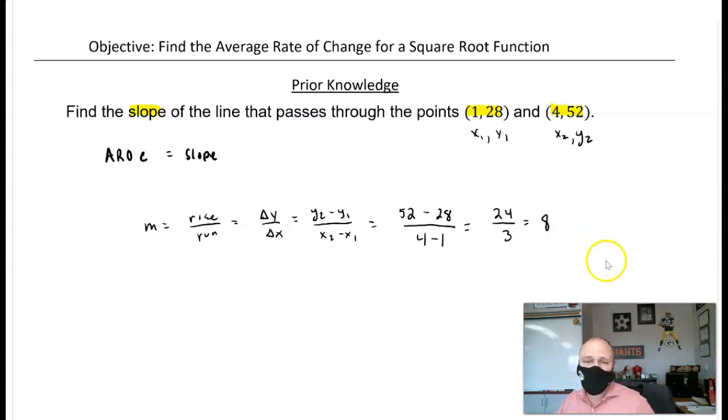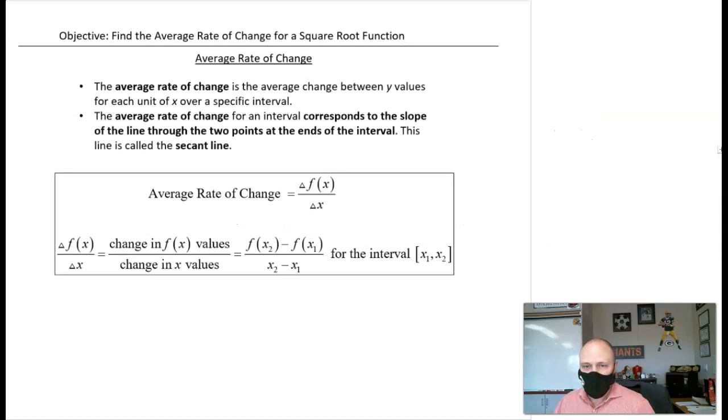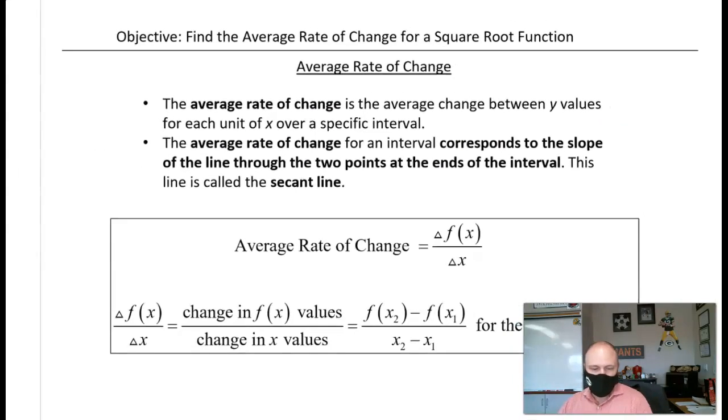So we're going to apply this knowledge directly to square root functions, and we'll look at a couple of different forms of a function. Average rate of change is the average change between y values over each unit of x for a specific interval.